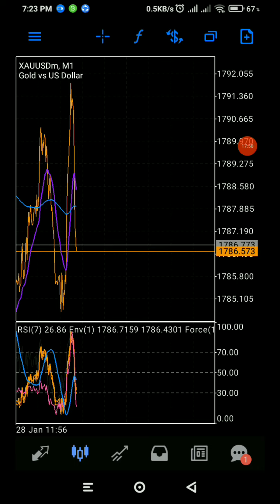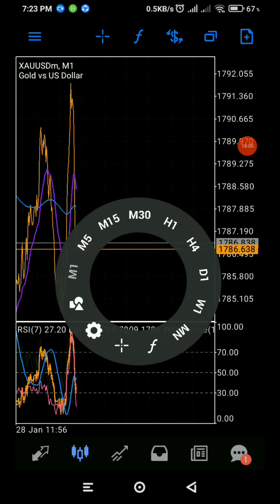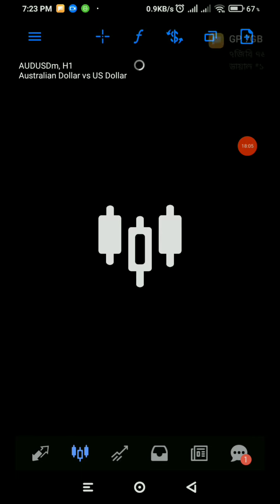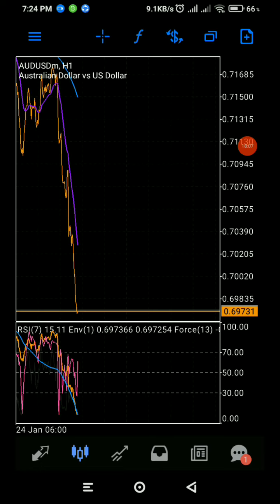Short means for a short moment you have to take early profit or loss for buy entries from here. So as you see here, H1 chart.